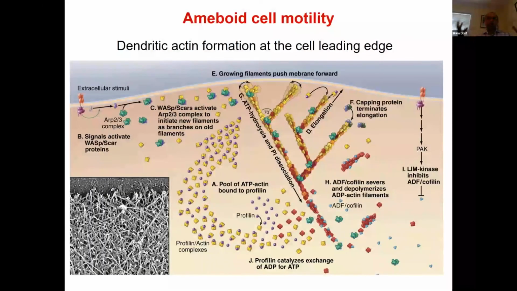Lots of Arp2/3 complexes get activated, and they will dock onto pre-existing actin filaments and initiate new actin formation, right? So you can see in this EM picture in the inset here this huge, incredibly dense branched actin network. That's all due to all those Arp2/3 complexes forming new branched filaments.